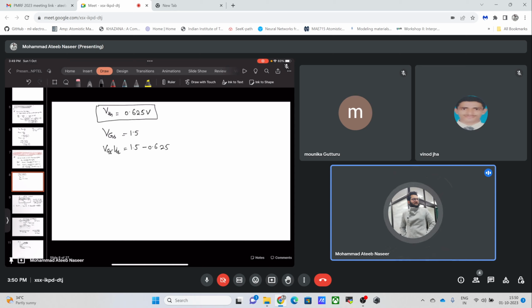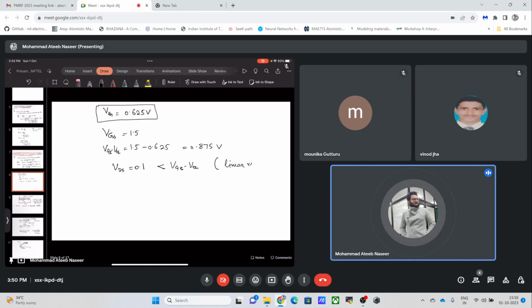Okay, so if we do this simple calculation, 1.5 minus 0.625 is 0.875 volt. Simply, VDS, which is just 0.1 volt, is less than VGS minus VTH. So it means that the assumption was correct, that the MOSFET is in linear region.